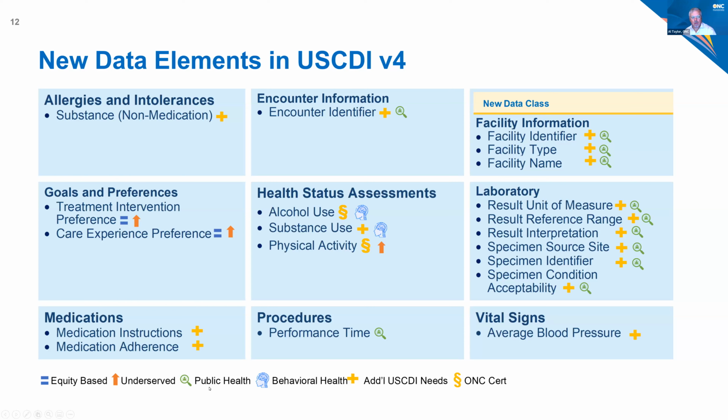One of the areas in the goals and preferences was an area that we expanded into, and that was intended to gather patient information that is used to inform the overall advanced care planning process, such as preparation of advanced directives, living wills, durable power of attorneys. These are two components of that process, and that was sort of new ground that ONC dove into by adding these data elements.